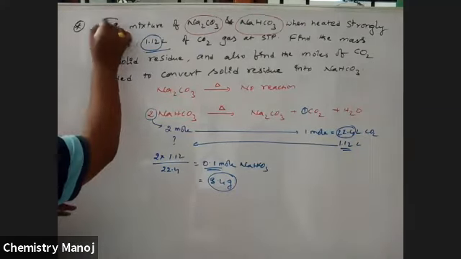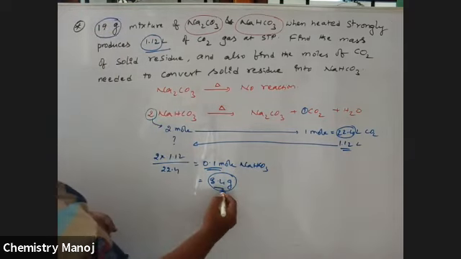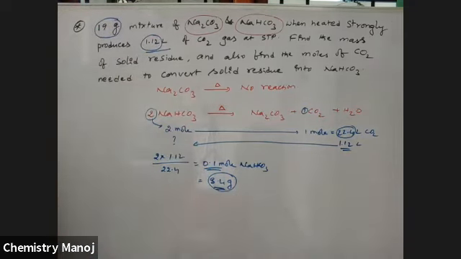That means among this 19 grams, 8.4 grams NaHCO3 is there.